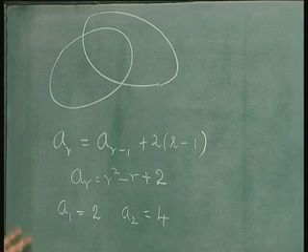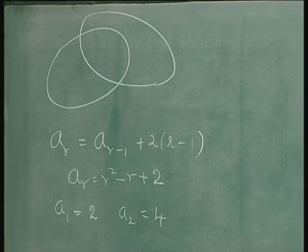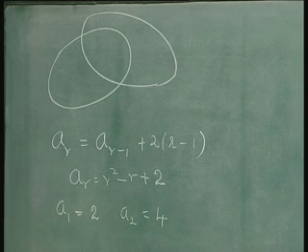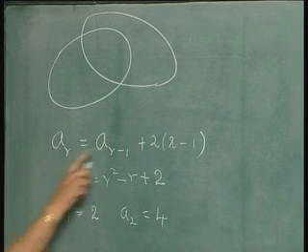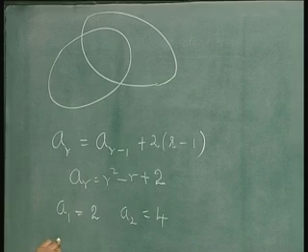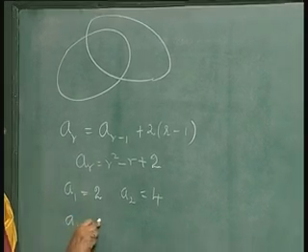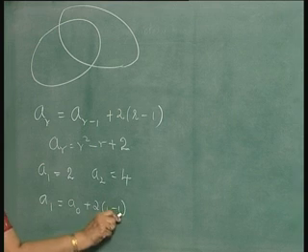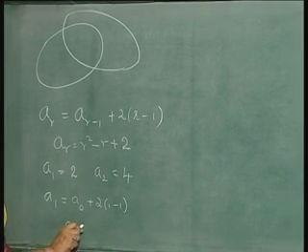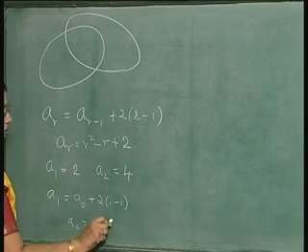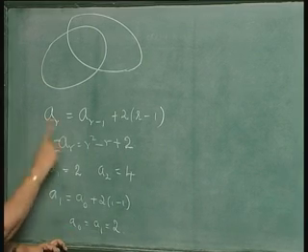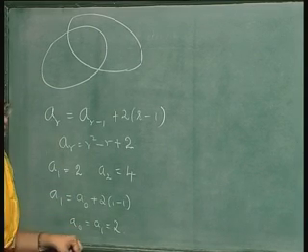Now, a_0 does not have any meaning, because when you do not have any oval, it does not make any sense, but you choose a_0 so that it satisfies this recurrence relation. So, a_1 is a_0 plus 2 into 1 minus 1. So, a_0 is equal to a_1, that is equal to 2. a_0 does not have meaning, but to satisfy the recurrence relation you can choose it as 2.